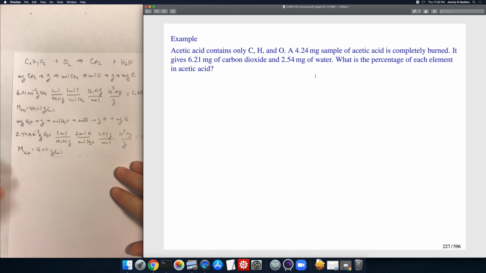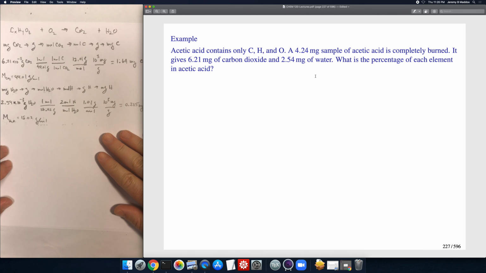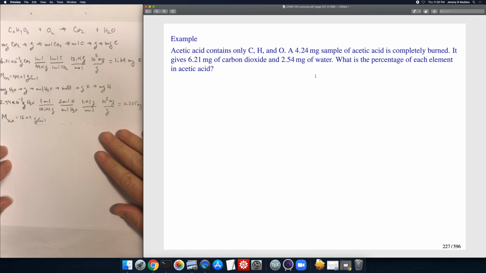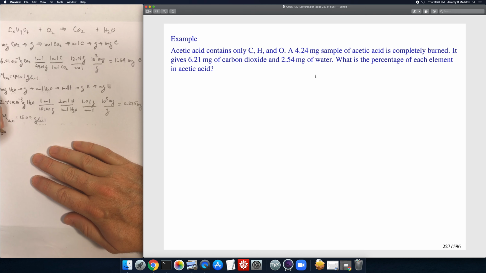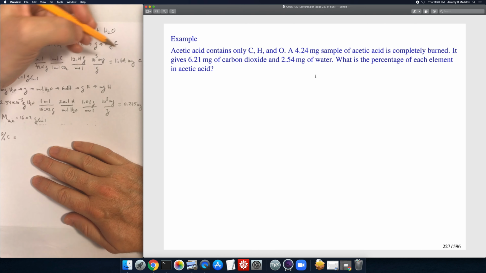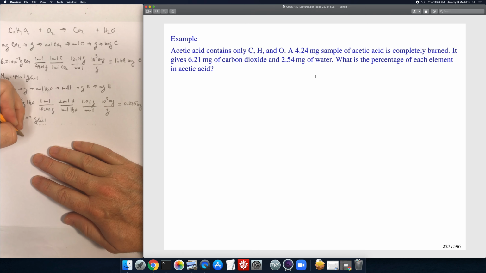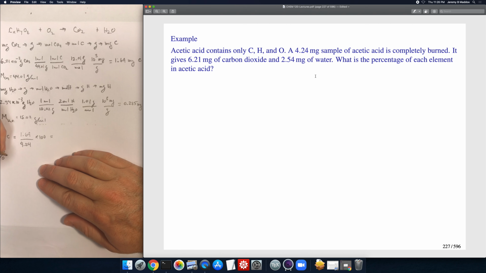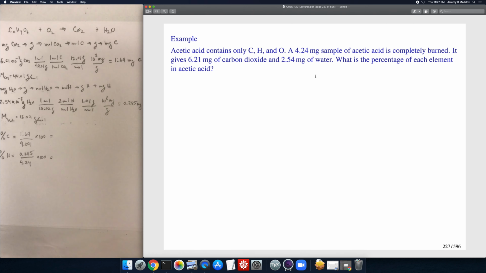Okay, so now we can calculate the percent carbon by taking the amount of carbon we found and dividing by the total mass of the sample, 4.24, multiplied by 100. We'll do the same thing for hydrogen. And that will give us 2 of the percentages.